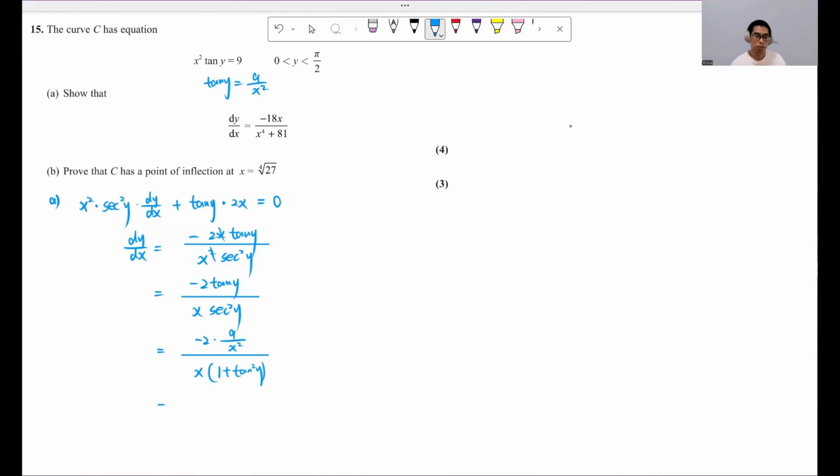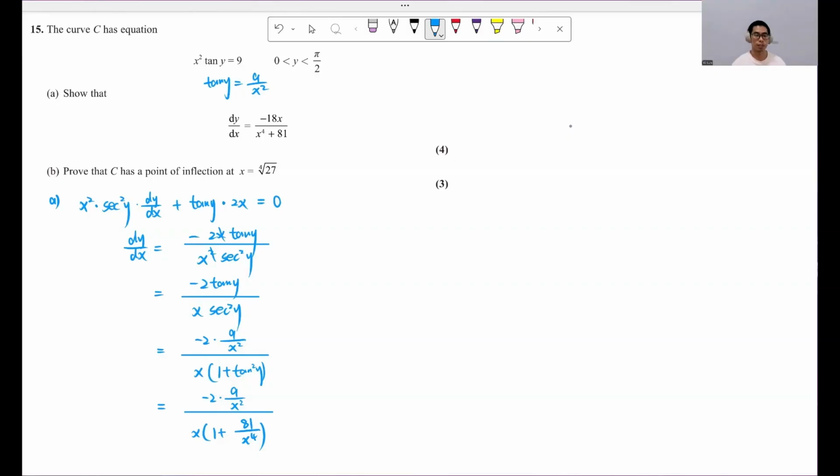So once we got this, we can change that into in terms of x. So that would be negative 2 times 9 over x squared, over x times 1 plus, we know tan y is 9 over x squared, so tan² is just 81 over x power 4.